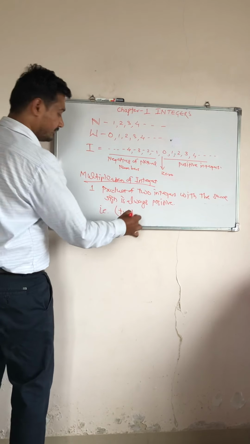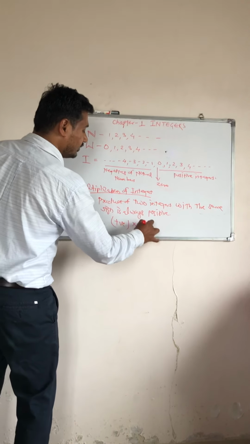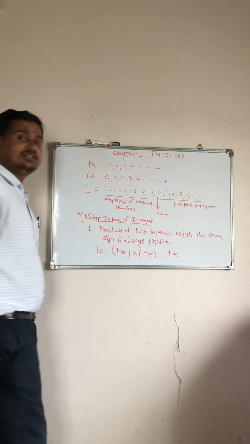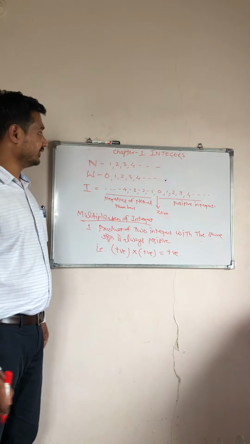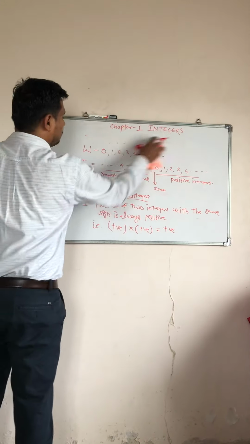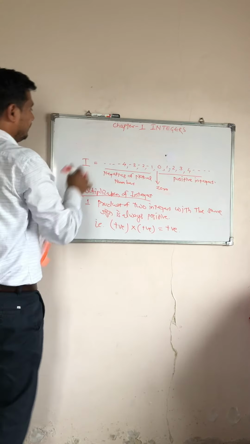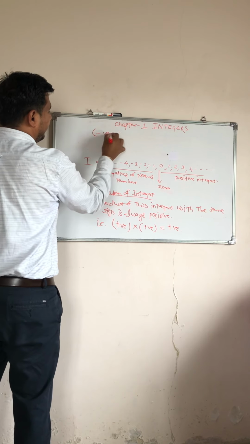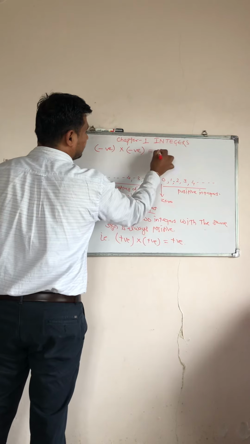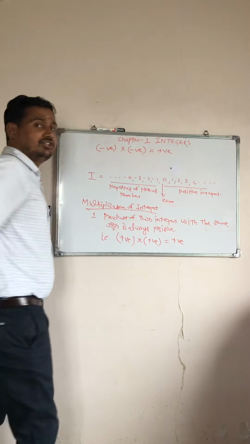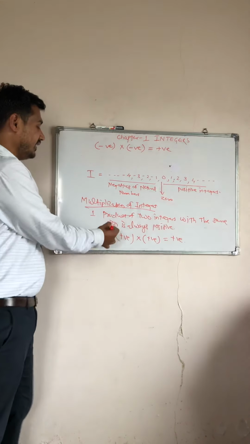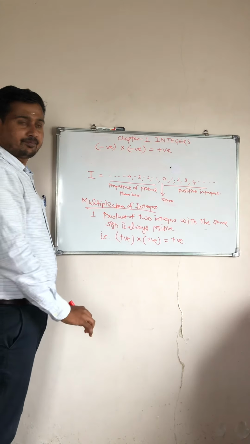That is, a positive integer multiplied by a positive integer gives a positive integer. A negative integer multiplied by a negative integer is equal to a positive integer. This means the product of two integers with the same sign is always positive.